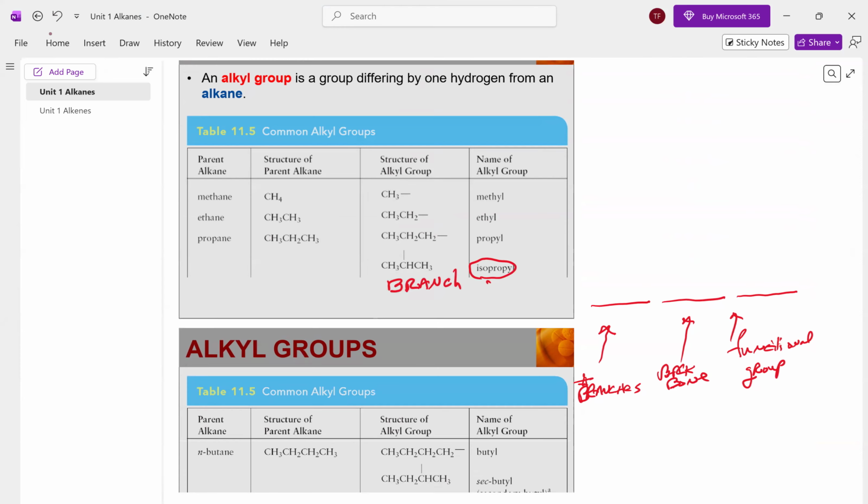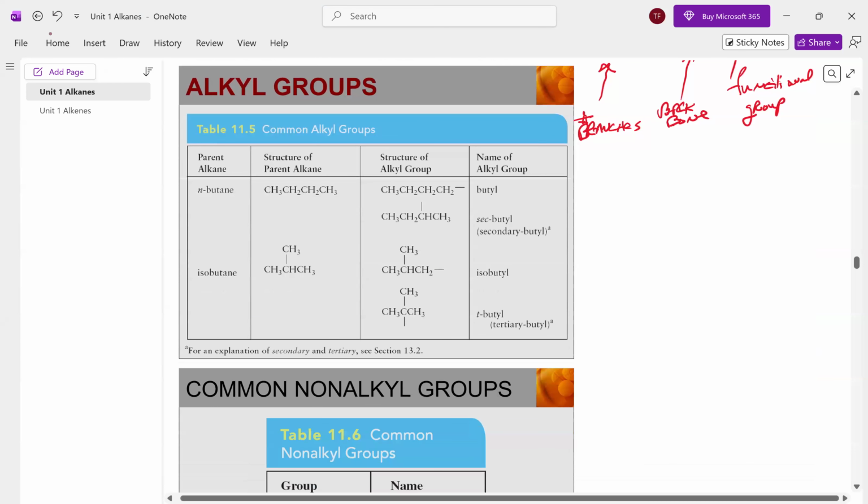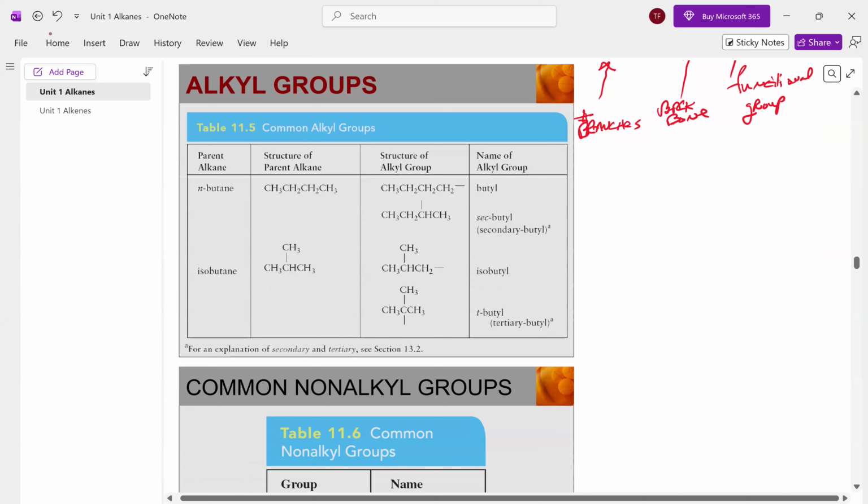Isopropyl, remember the snake, or N-propyl. N means straight, normal. When we have 4 carbon branches, there are more versions available.